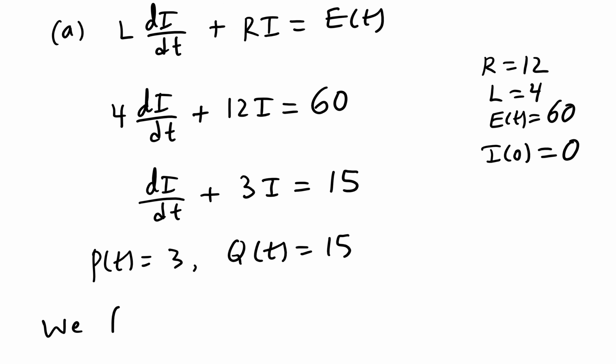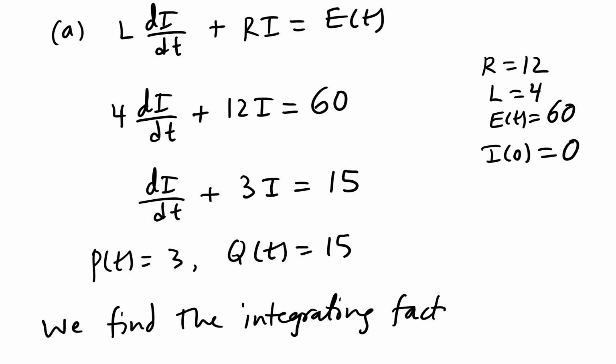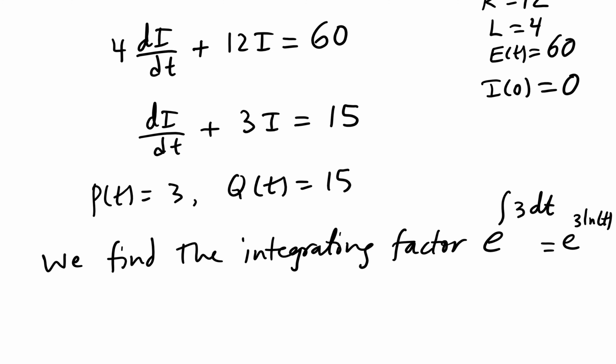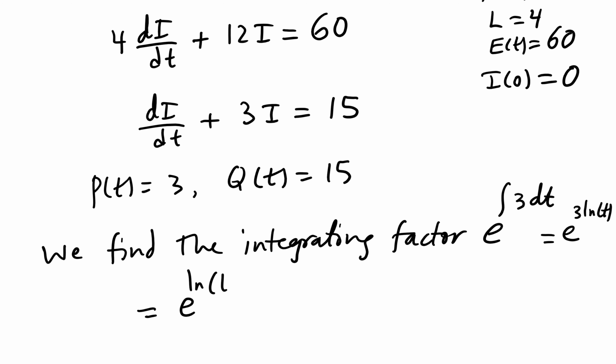We find the integrating factor by using the formula e to the integral of p of t, which is 3 dt. That gives us e to the 3t only.